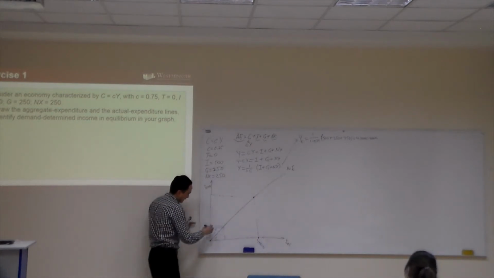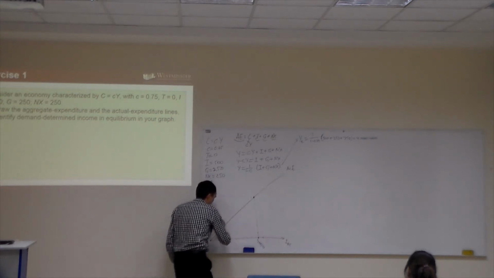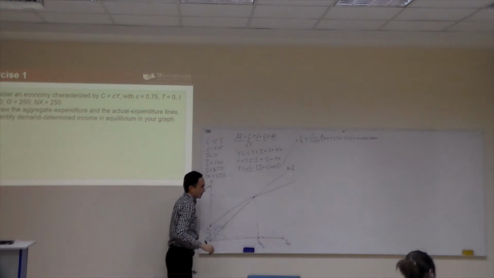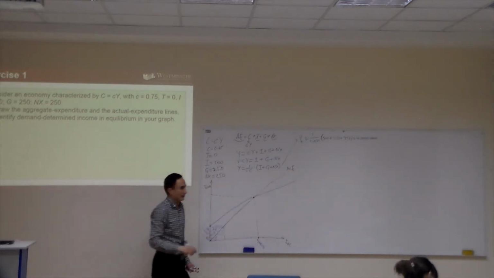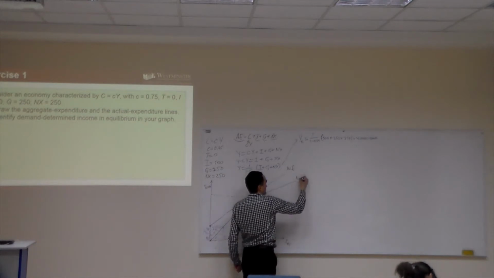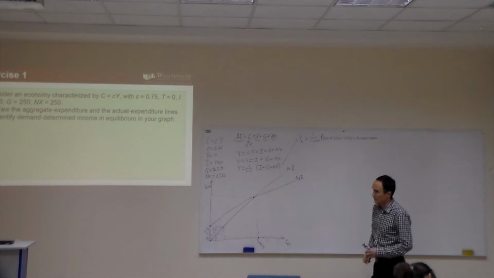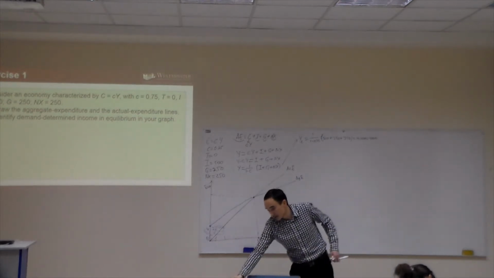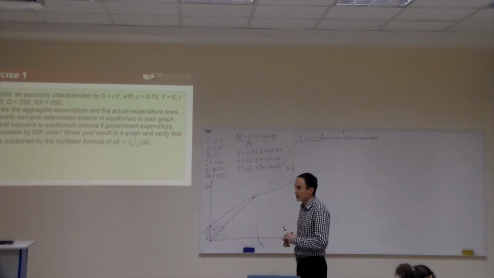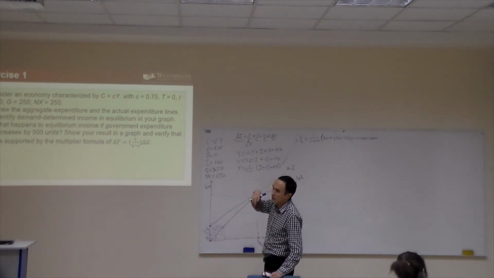Now if we just add these two points, it's going to give us the aggregate expenditure line, and the equilibrium income.